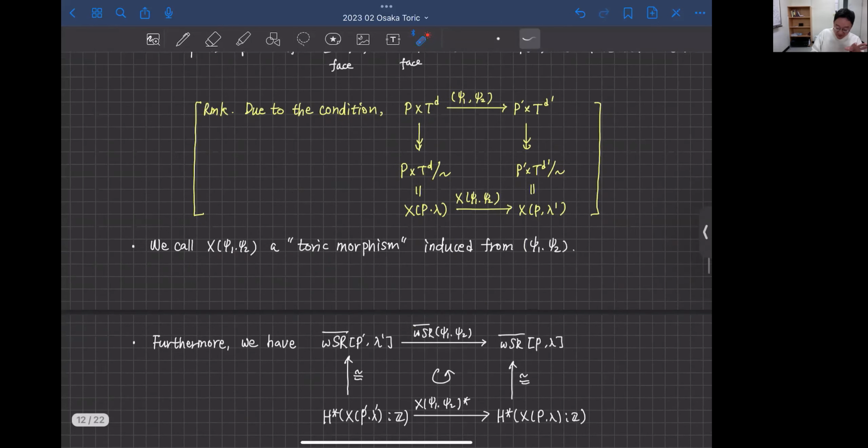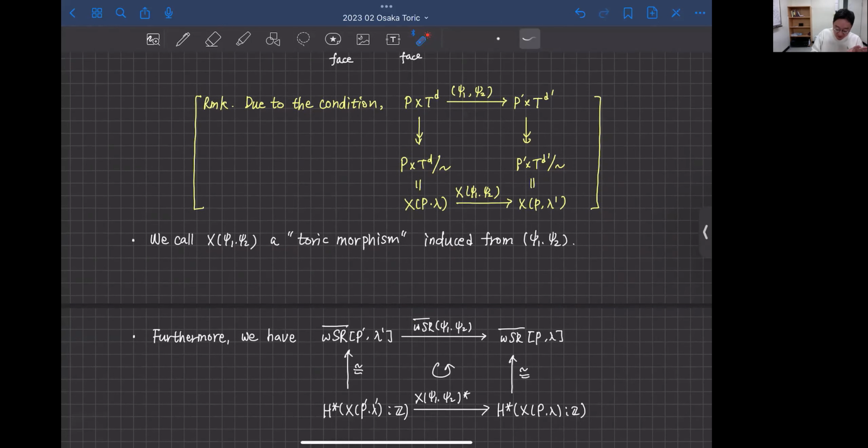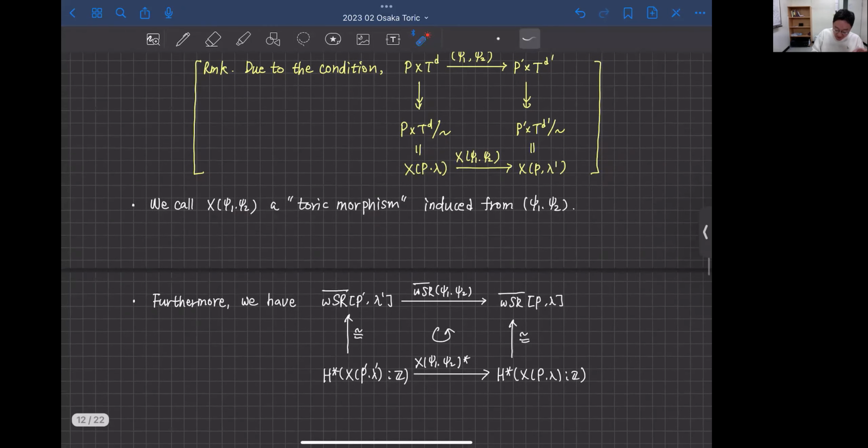So here are two examples. Before that, let me introduce this diagram first. Whenever you have this toric morphism, remember that this cohomology ring is isomorphic to the weighted Stanley-Reisner ring modulo the linear relations, which we denoted by WSR bar of P lambda, and then there's an isomorphism, right?